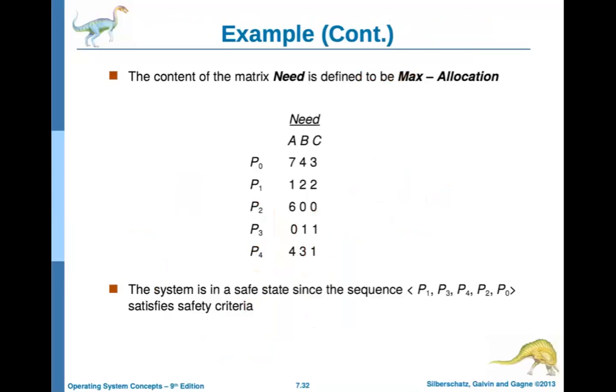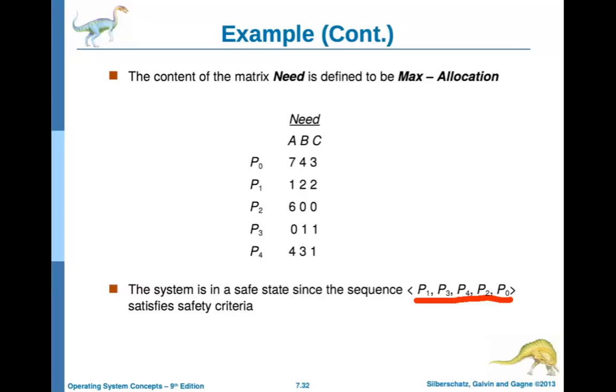The content of the Need matrix is defined simply as Max minus Allocation. Now if we apply the safety algorithm to check whether the system is in a safe state or not, the system is in a safe state since the sequence P1, P3, P4, P2 and P0 satisfies the safety criteria.